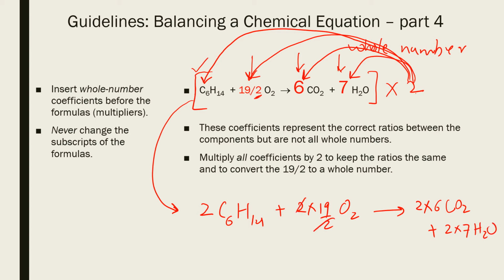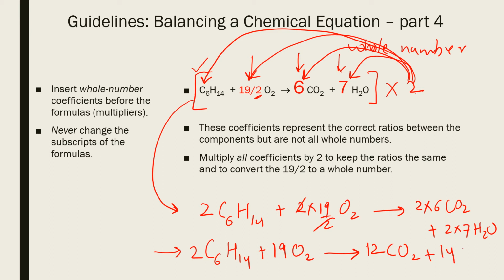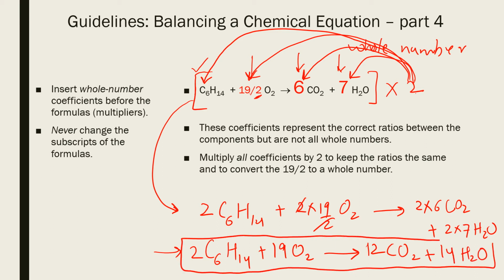This 2 and this 2 cancel, so the equation will be 2C6H14 plus 19O2, and in the product side 6 times 2 is 12 CO2 and 7 times 2 is 14 H2O. And now we have a balanced equation.